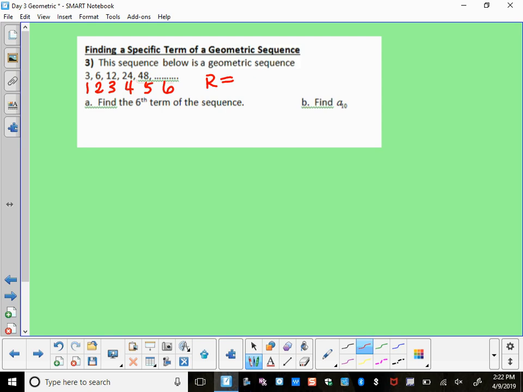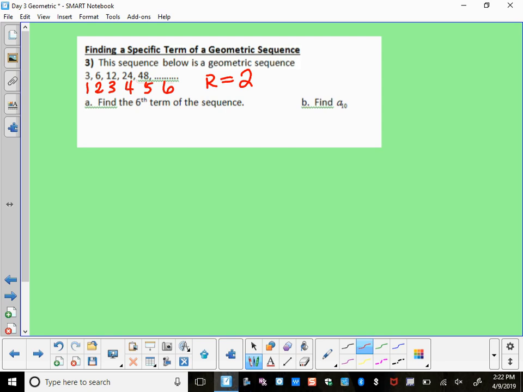It's not adding. We know we're either multiplying or dividing. Times 2. Your ratio is just 2. If you say divided by 2, that will make it smaller. If you check your ratio by doing 6 divided by 3, I know we're dividing, but our ratio is just whatever that number is.